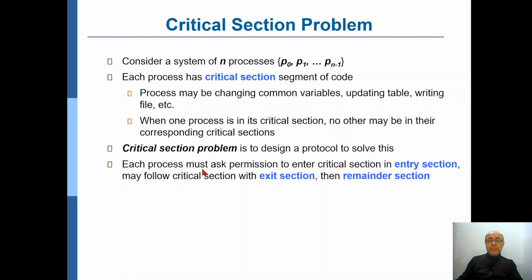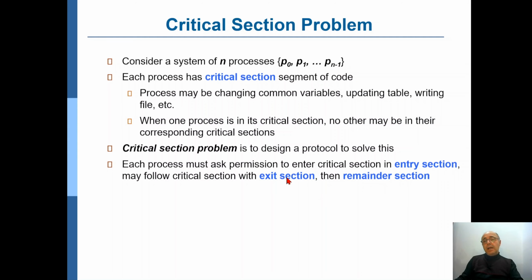So each process should have a mechanism. There should be a protocol between these processes to enter its critical section. And when it is done, it should be able to specify that it's getting out of its critical section. So there should be a mechanism for exiting the critical section.